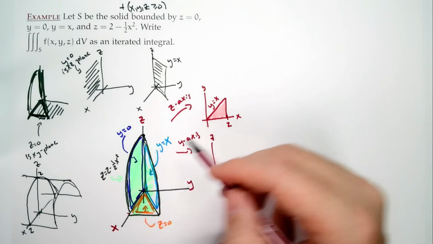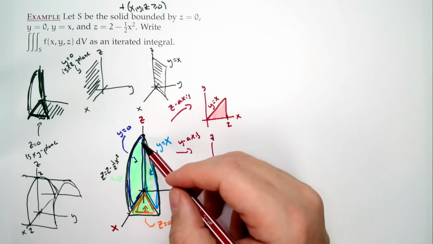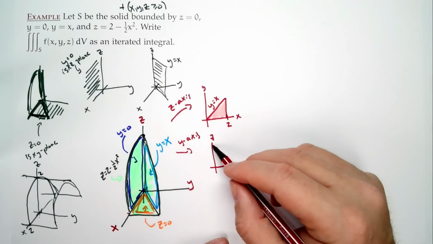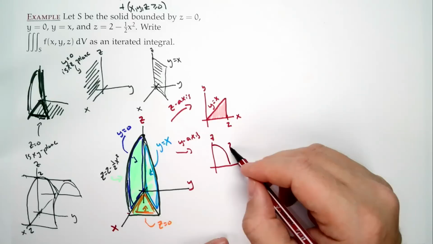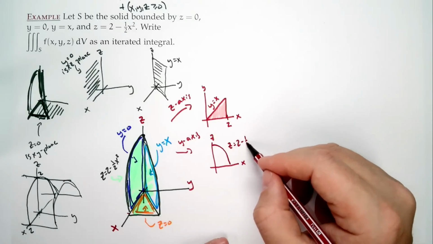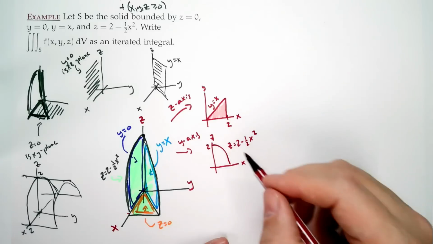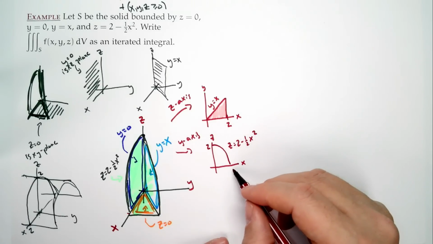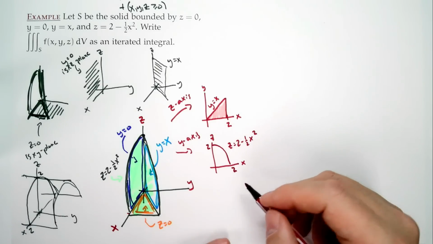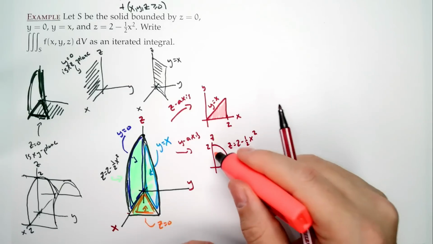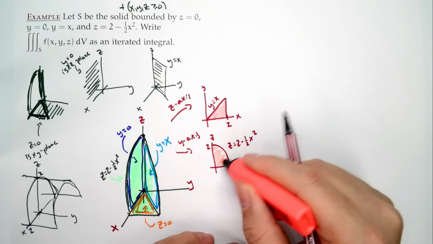Well, it's this curve, z equals 2 minus 1/2 x squared. It hits up here at positive 2. It also hits downstairs at positive 2. And we get our shape.